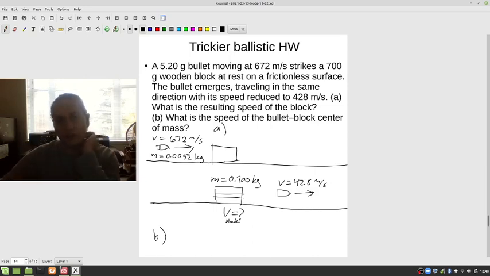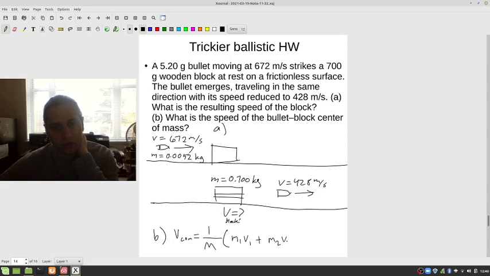So in this particular case, the v of the center of mass is not going to change. It's just going to be 1 over the mass times m1 v1 plus m2 v2. And it turns out it does not matter whether you do that after the collision or before.